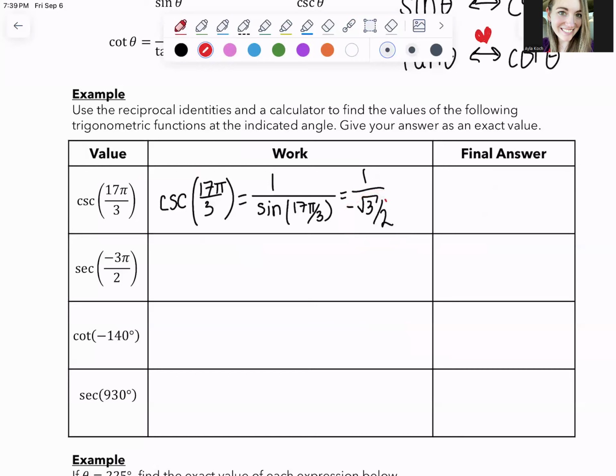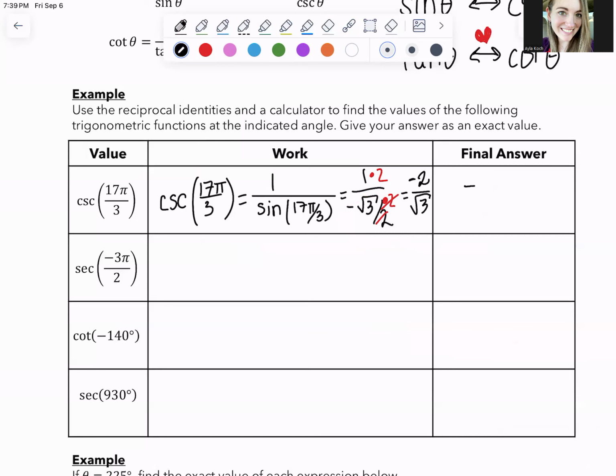I'm going to simplify this fraction. I'm going to multiply the numerator and the denominator of the big fraction by 2. So I end up with 2 over, and I'll just move the negative sign up here because I can do that. Negative 2 over root 3.